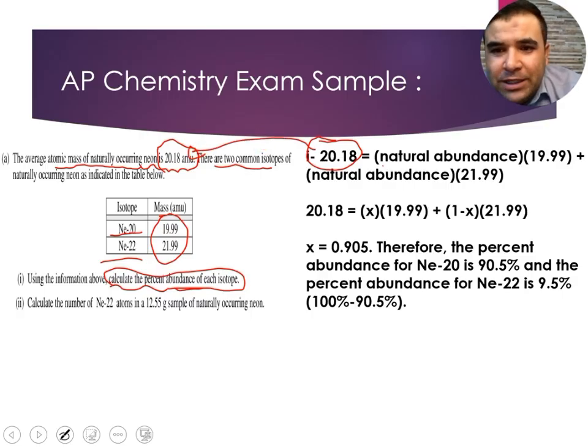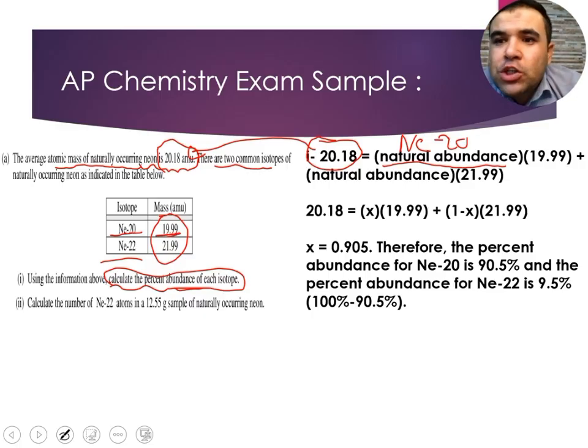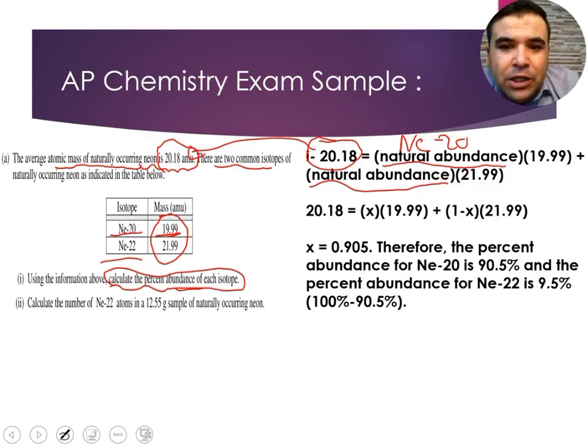We should be calculating the abundance of the isotope neon 20. This is neon 20, guys, multiplied by 19.99, which is the mass of neon 20, and then the abundance of neon 22, multiplied by 21.99, which is given as the AMU.